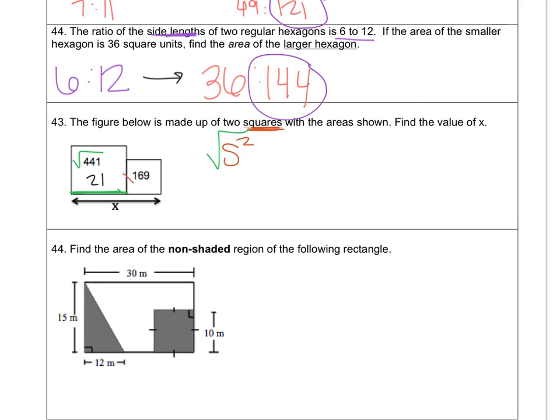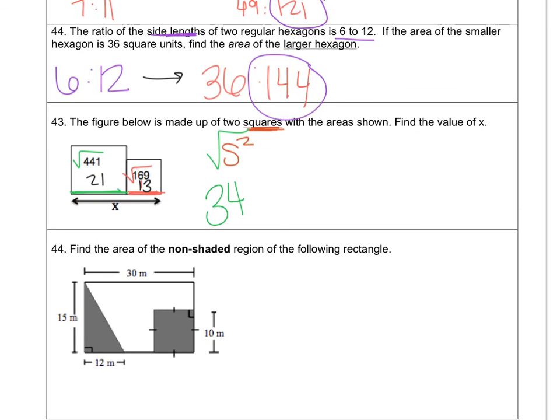If you take the square root of 169, this distance right here is going to be 13. Now you have one distance of 21 and one distance of 13. To find the total distance, you're just going to add those two up, and your total distance is 34.